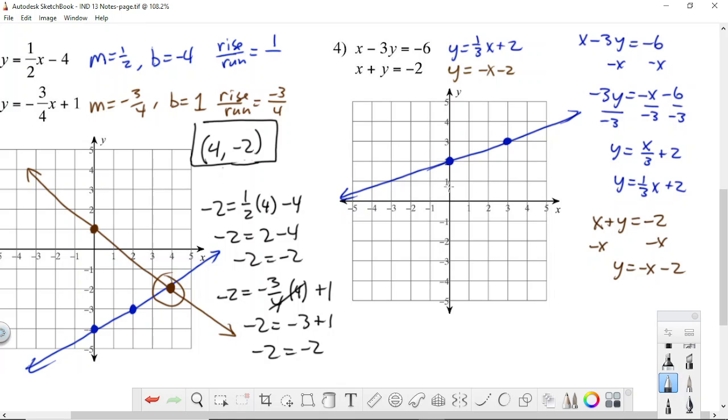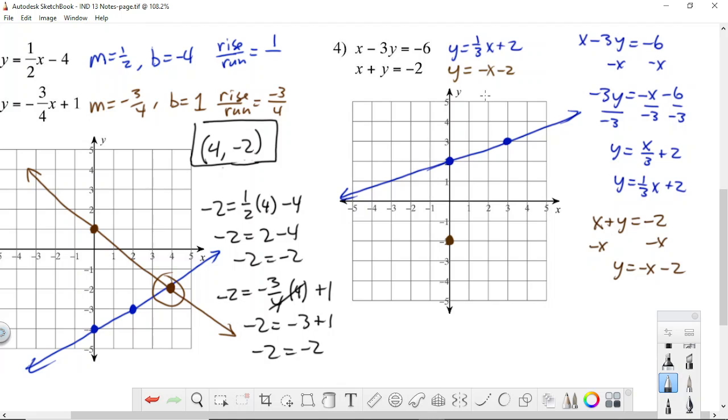Okay. So the other one, looking at the equation again, the y-intercept, negative 2. So we go to negative 2. The slope just shows us negative x. That's a negative 1, right?